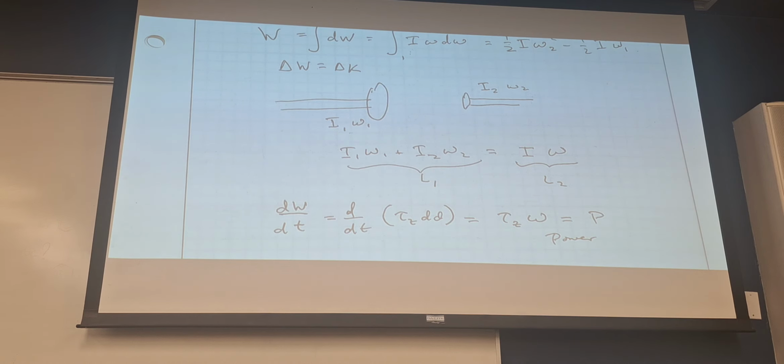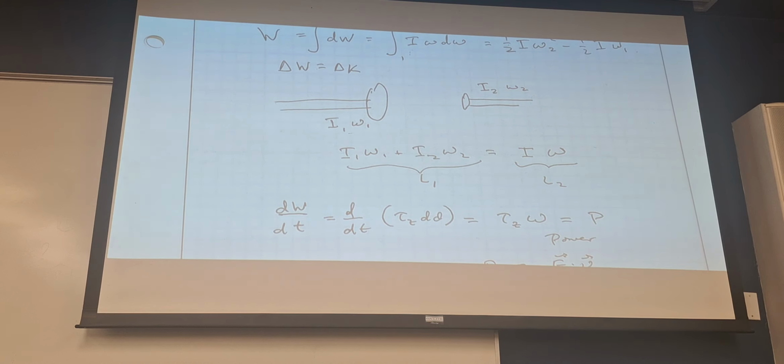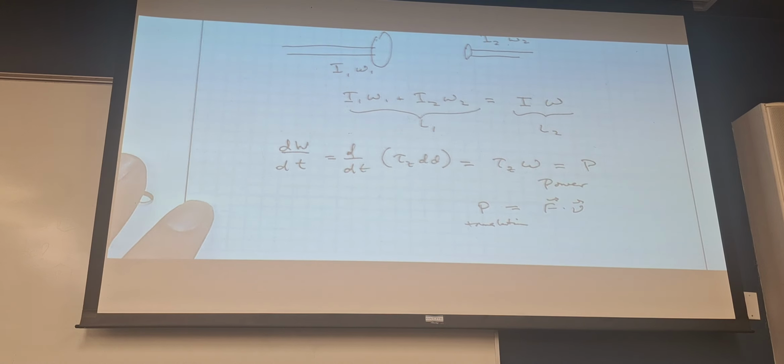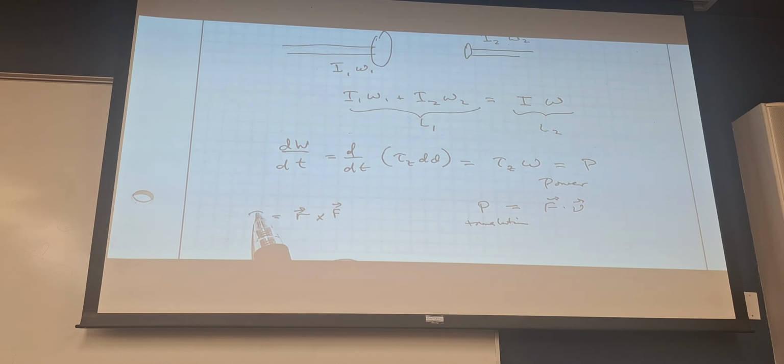If you recall, power for translation is equal to F dot v. So tau is really the rotational analog of a force. Remember how I said r cross F? What this does is it takes your orthogonal vector that would contribute to a rotation.